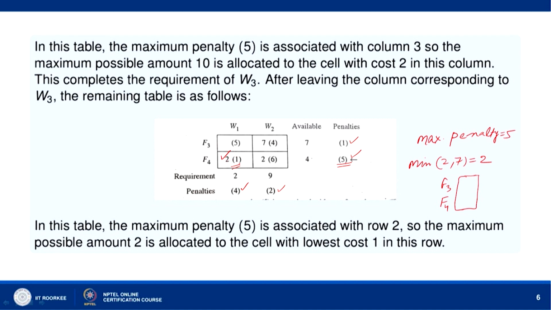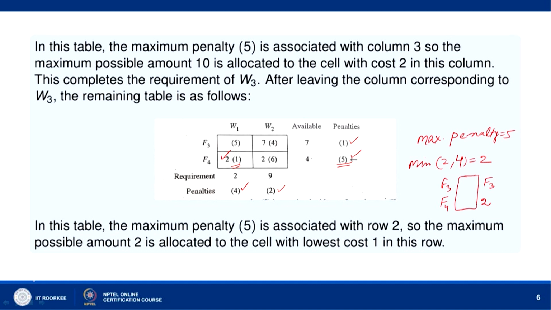So, we take the requirement of W1, which is 2, and the availability with F4, which is 4. So, minimum of 2 and 4 we have to take. So, we allocate 2 here. Then the requirement of W1 is fulfilled. We can cross out W1, and with F4 now 2 units are available, and F3 has got 7.